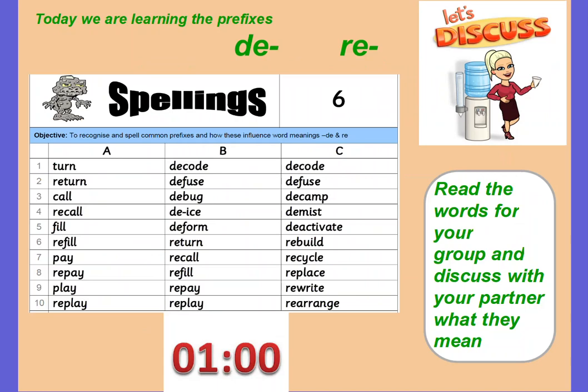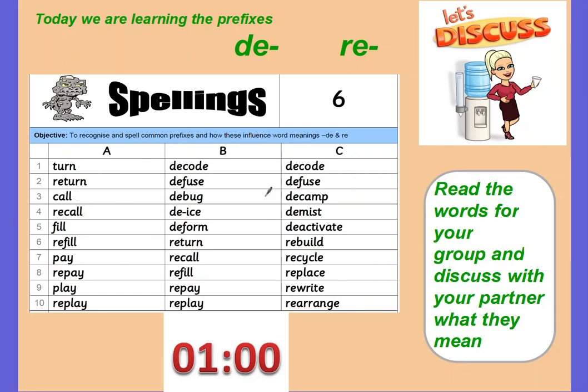Okay, so today we are learning 2 new prefixes, and they are the prefixes dis and re. Here are your spelling words. In group A, you have the root word and then re added.